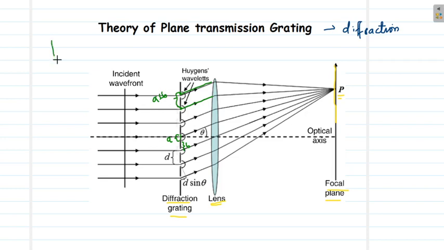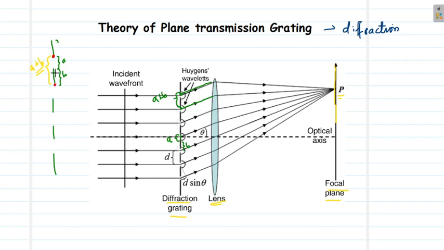So we have the plane transmission grating with opaque regions followed by transparent regions. The width of the transparent region is A and the width of the opaque region is B, so the width of one transparent plus one opaque region will be A plus B. We are considering the light wave from the top part of the first transparent region and the top part of the second transparent region.